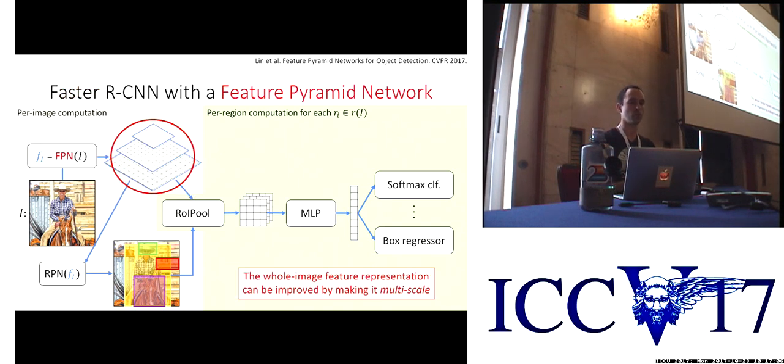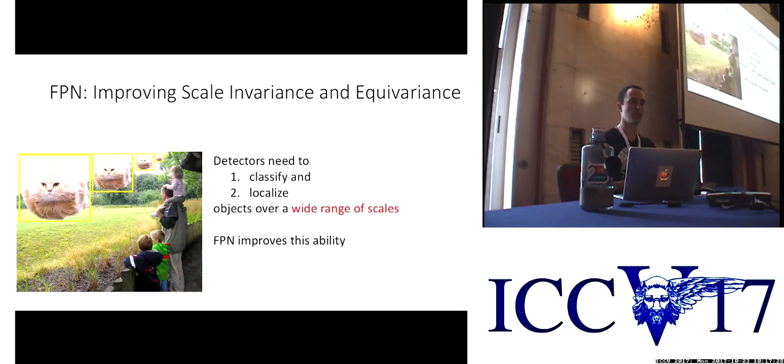Now I want to describe some more recent work which replaces the single scale output from the fully convolutional network with a feature pyramid that's output by a feature pyramid network. The reason for doing this is to make the network better at handling objects that range over a variety of different scales.